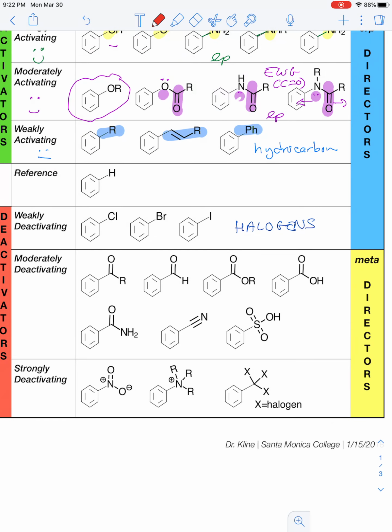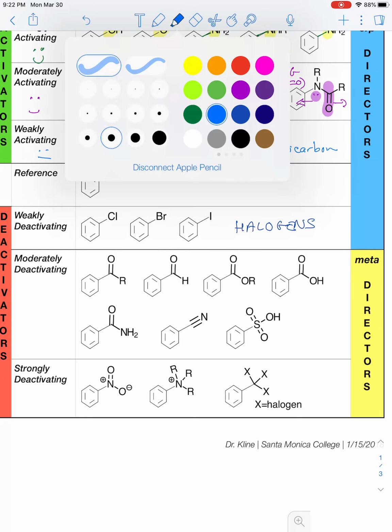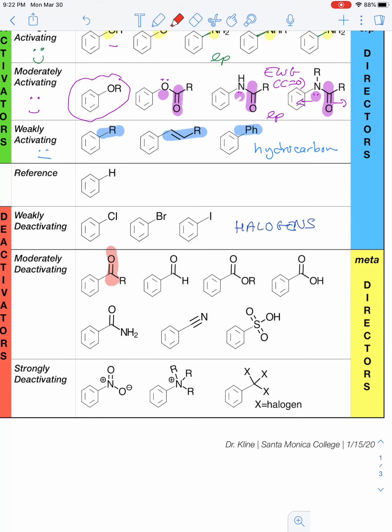So now if we turn to the moderately deactivating groups, and you look at these, in nearly all of the cases, certainly for these 5, what you have is a carbonyl acting as an electron withdrawing group that's right next to the ring.